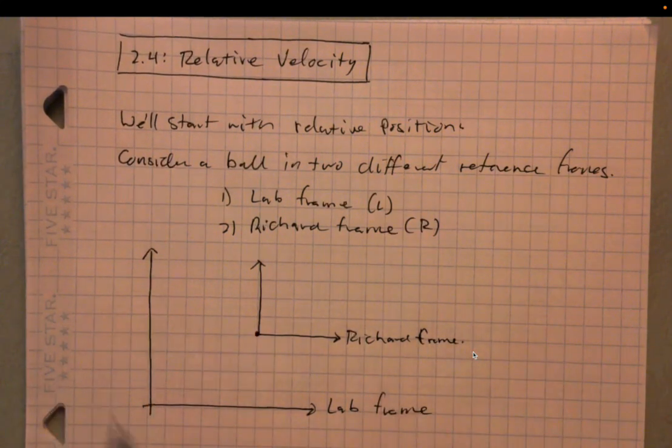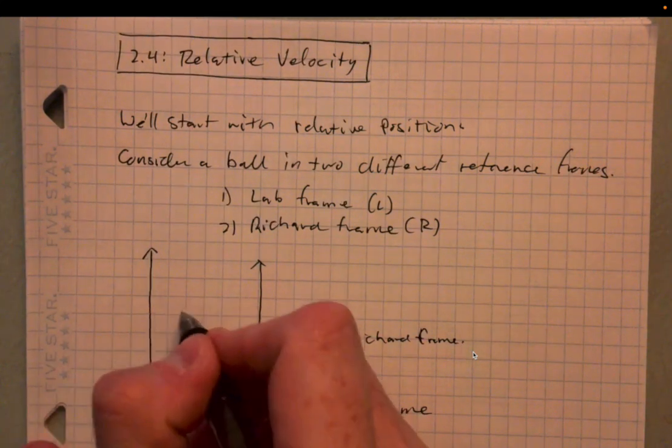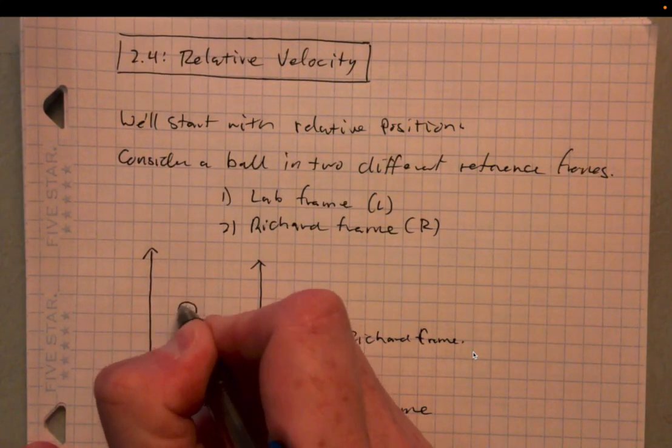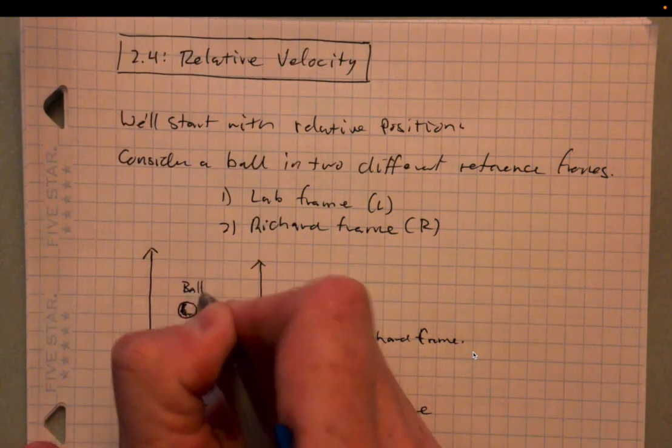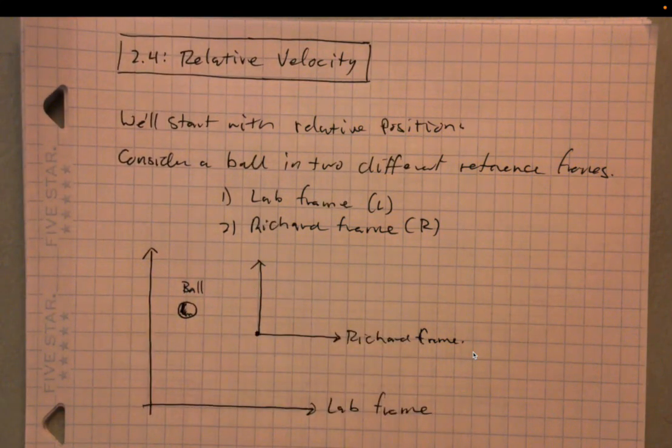As Richard moves around the frame, things move in relation to Richard as well, right? And then finally, let's put the ball in here. We'll put the ball up in this section somewhere. Right, so I'll just write ball. Okay, so you've got these three objects. So you've got the lab frame, and then you've got Richard and the ball inserted into the lab frame.